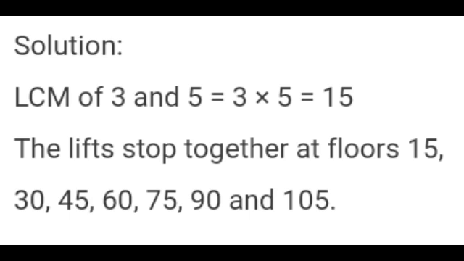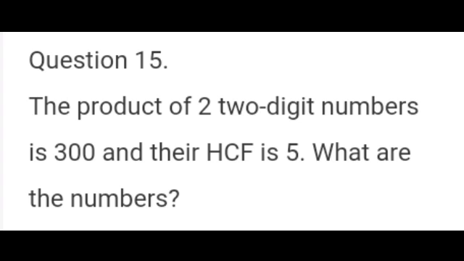Yes, my dear students. And the next one is question number 15. The product of two two-digit numbers is 300 and their HCF is 5. What are the numbers? Now what is given? The HCF of the two numbers is 5.